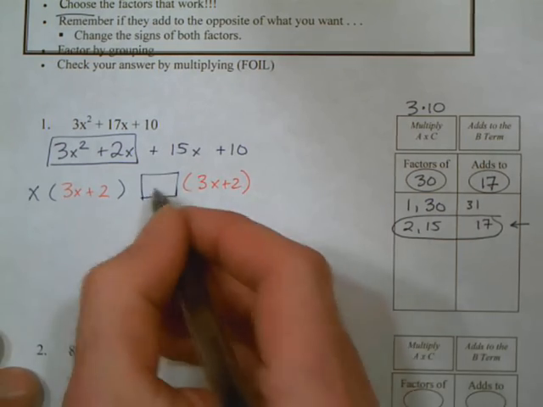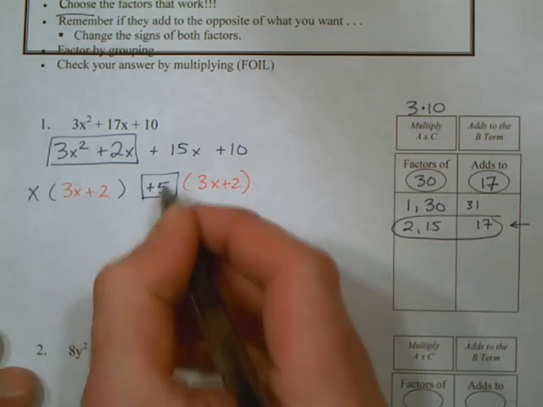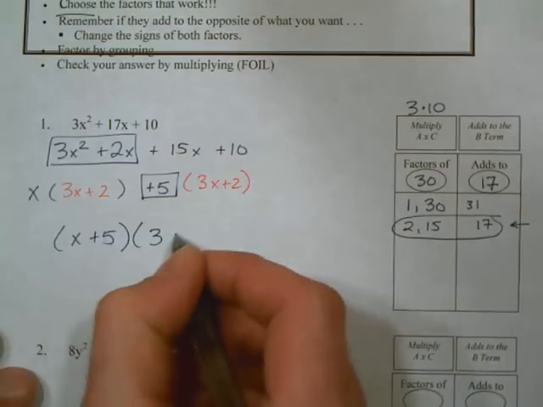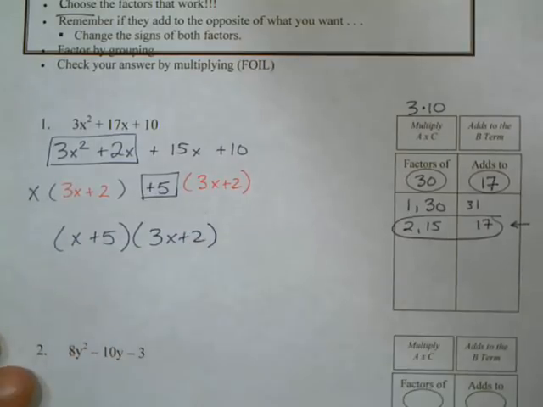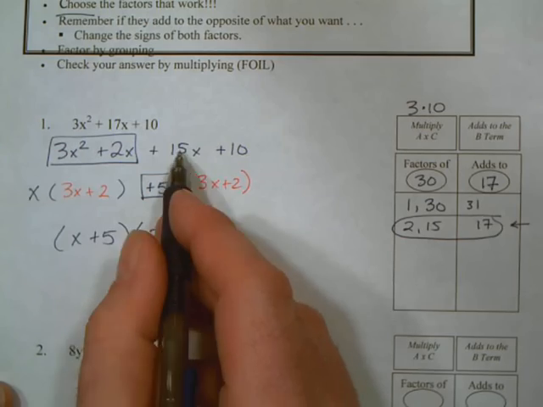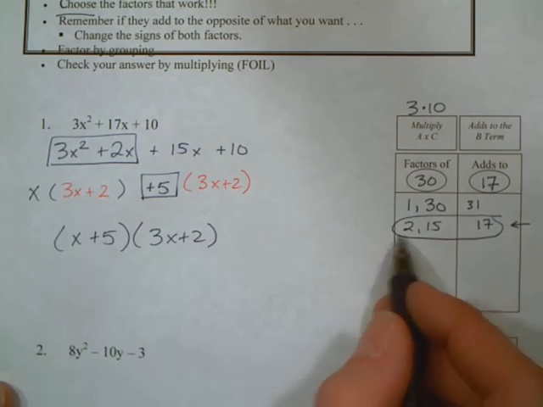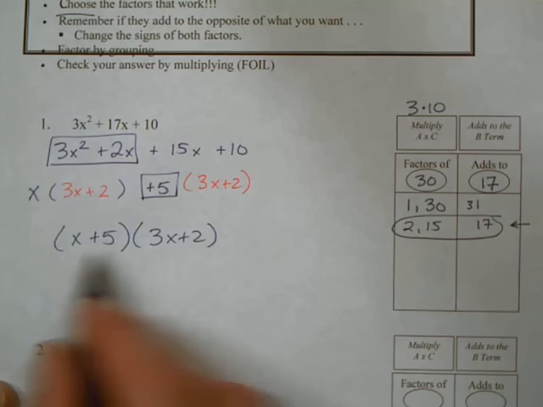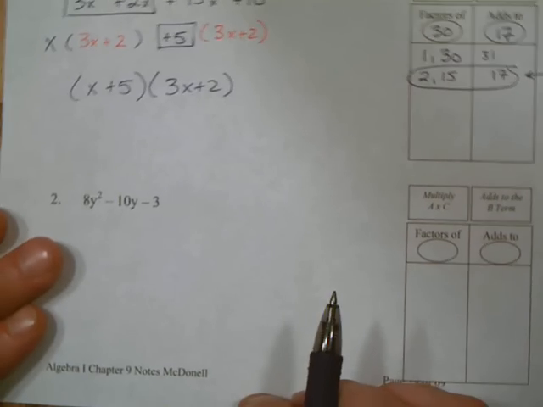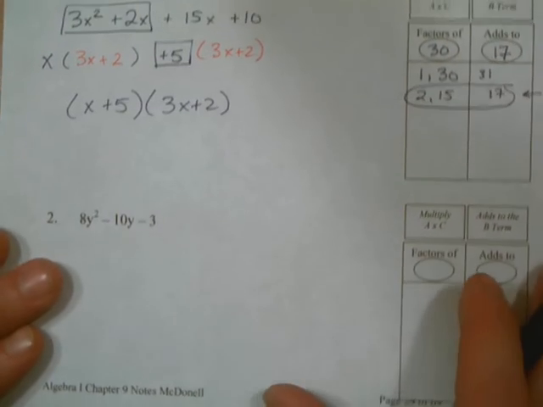And now we say, what's 10 divided by 2? That's what goes in our box. It's a plus 5. So my answer is x plus 5 times 3x plus 2. That's the MAC method. The big difference is 5 times 3x is 15x, and this 15 doesn't go straight through. Neither do these two factors appear in our answer.